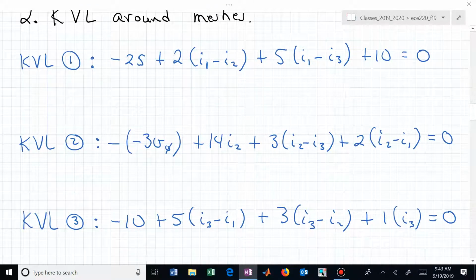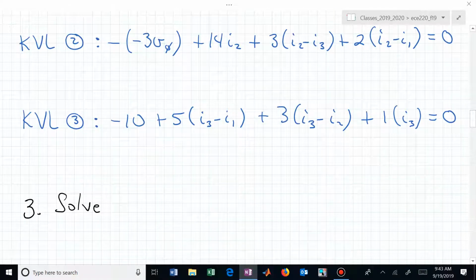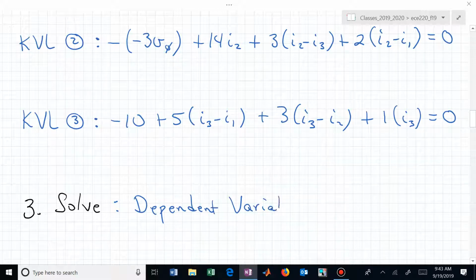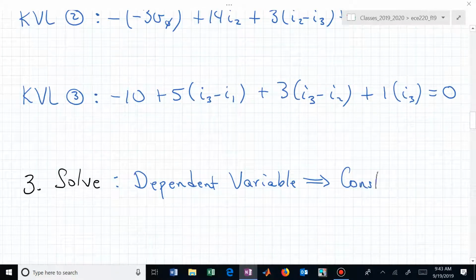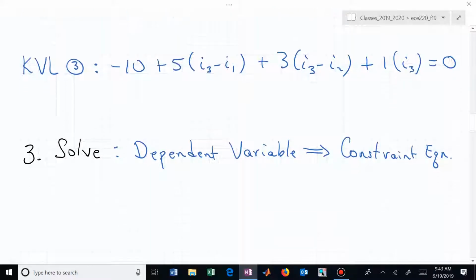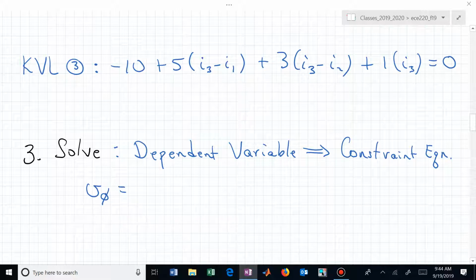Any questions on where those come from? We're simply writing KVL equations. We now need to get rid of this v sub phi in the solution process. Because we have a dependent variable, that now leads to a constraint equation, where the constraint equation in this case is really what is v sub phi.